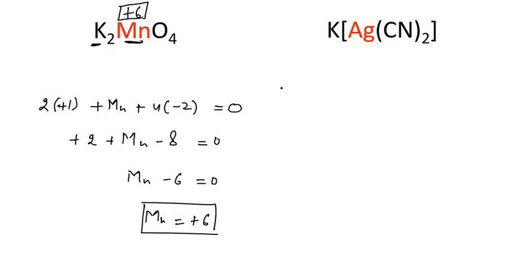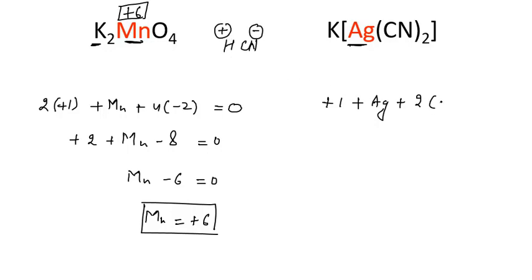Well, now we move on to the next complex. It is a complex, and for silver we have to calculate the oxidation number. For potassium we can plug in +1. Then we have silver. Then there are 2 cyanide ions. As we have learned, cyanide ion has -1 charge, and hydrogen has +1 charge.